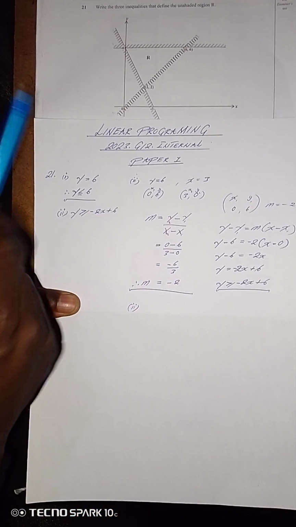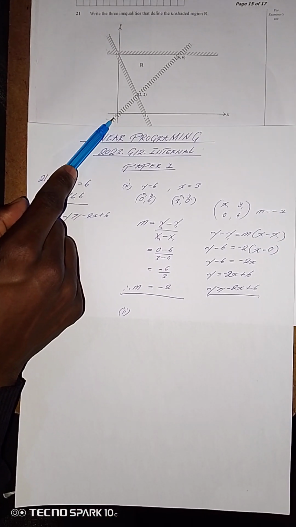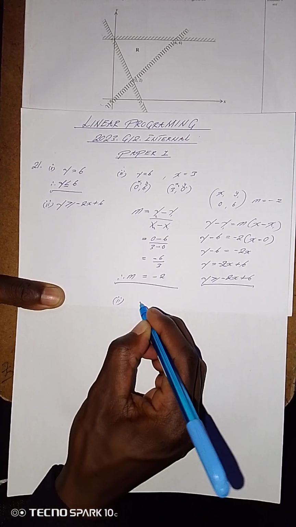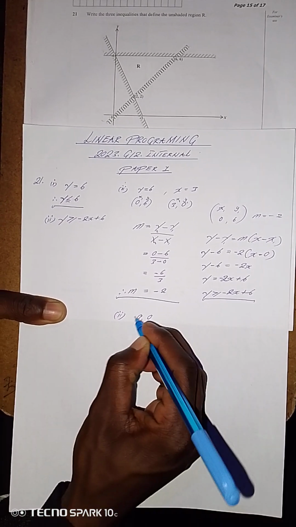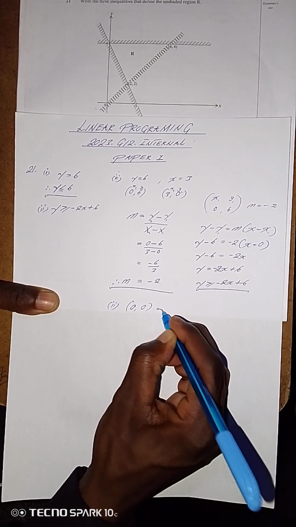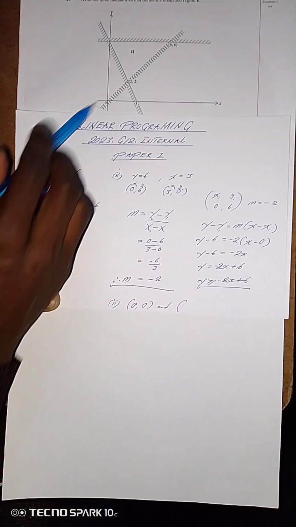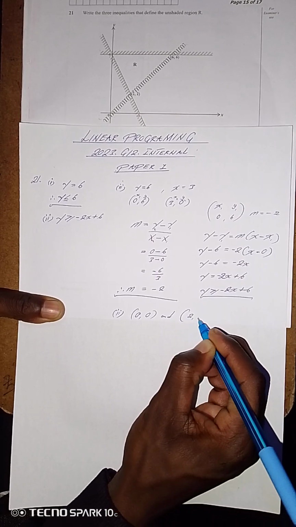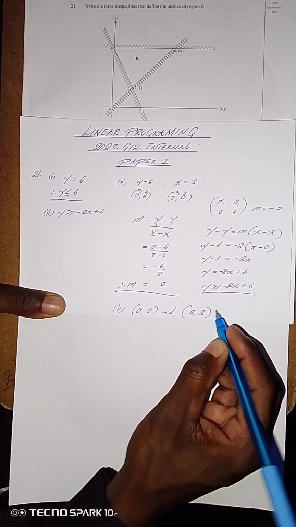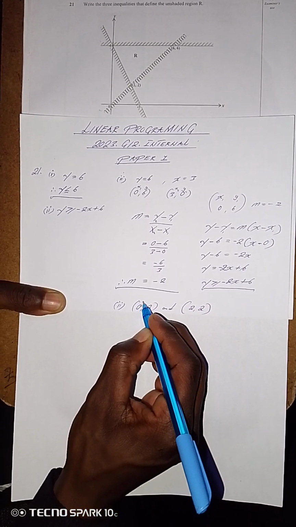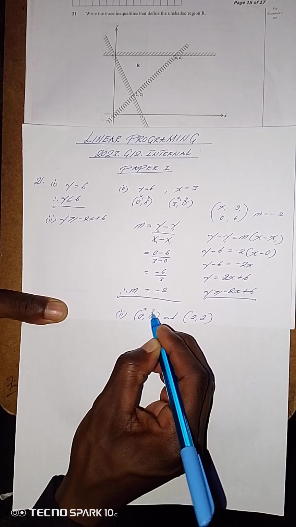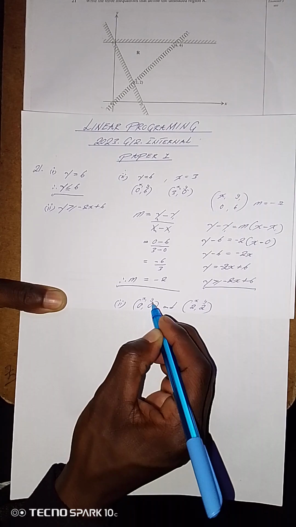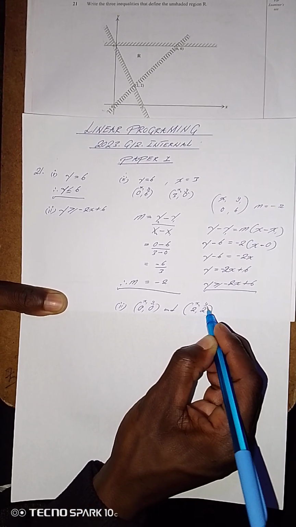So I'll pick this upper, so this is the center, it's 0, 0. And the other one is 2, 2. So now this is x1, y1, x2, y2.